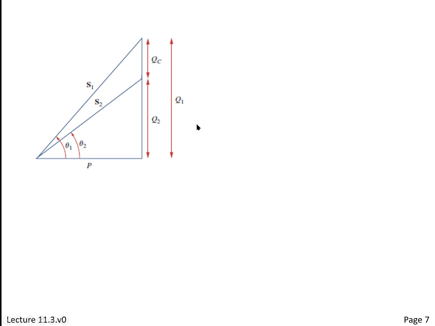And what's going on is this was the original Q associated with theta 1. Now I'm going to have a new apparent power associated with theta 2.